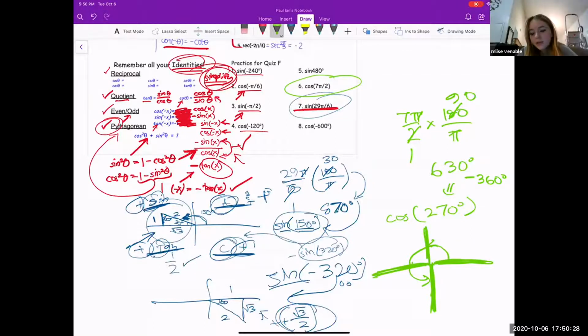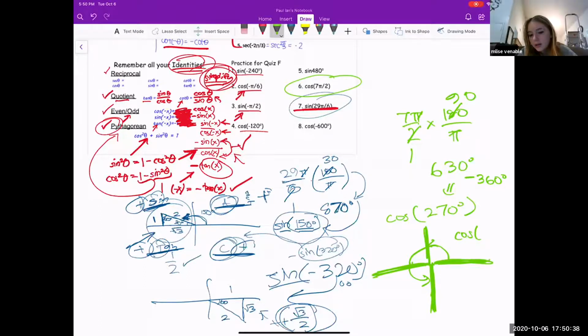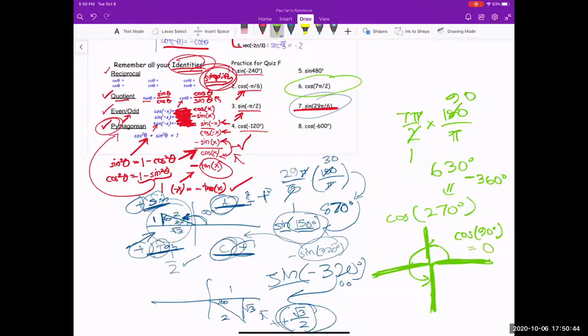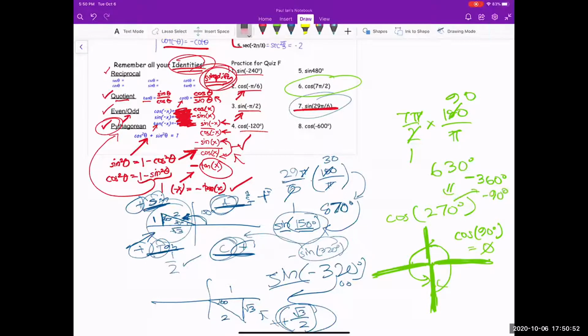Cosine of 270? The way I usually look at this is cosine of 0 is what? 1, right? But cosine of 90 degrees is 0, right? And then this is just negative 90. 270 is just going down, so it'd still be 0. So it's 0.